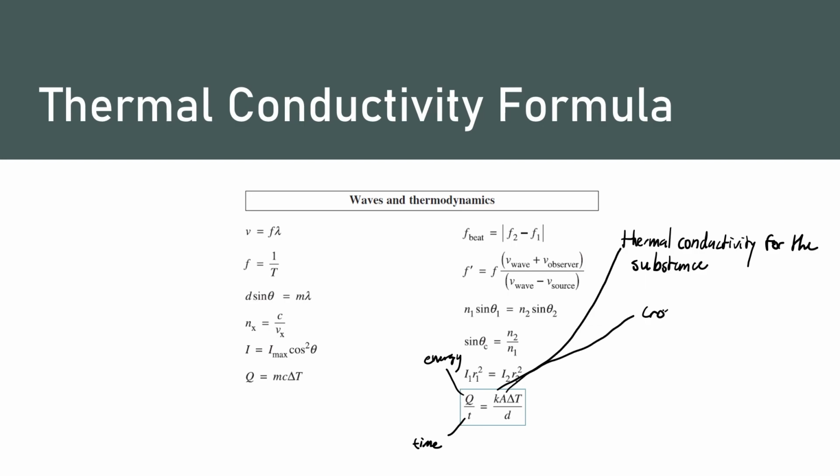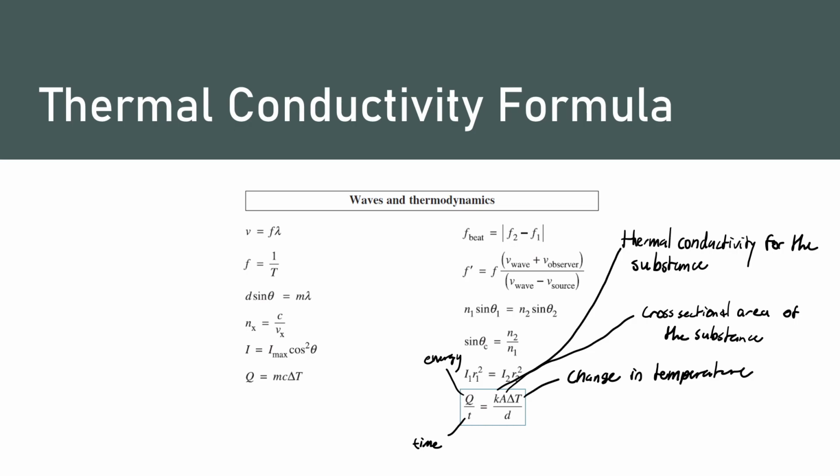A stands for the cross-sectional area. So here, I guess the idea of having this in as a variable is that if you had a really thin piece of material, you would be able to conduct energy through that a lot quicker than a much thicker piece of material. ΔT, of course, is the change in temperature. And really, this is just the difference between the temperature at the beginning and the end.